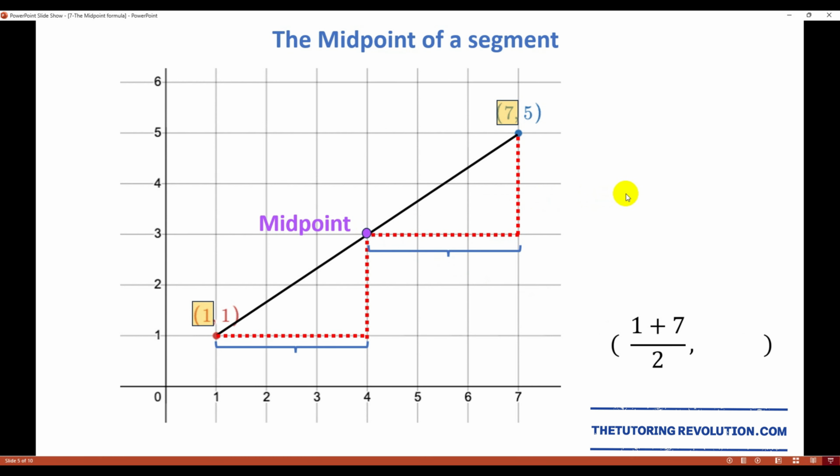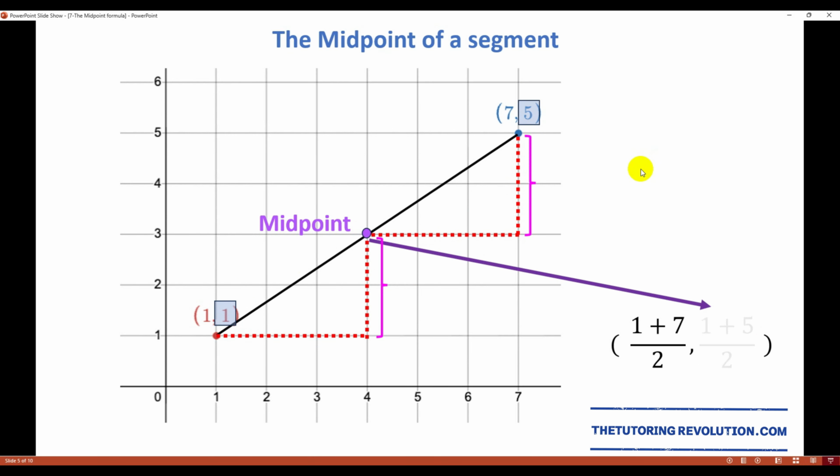Now, to find the y-coordinate, right, this y-coordinate here, we also know that this distance and this distance are the same. Therefore, the y-coordinate is going to be the average of the y-coordinates of 1 and 5. So we average 1 and 5, 1 plus 5 divided by 2, and that will give us the y-coordinate of the midpoint.